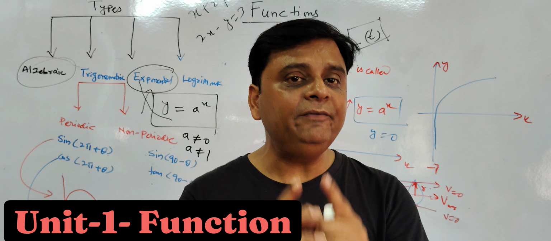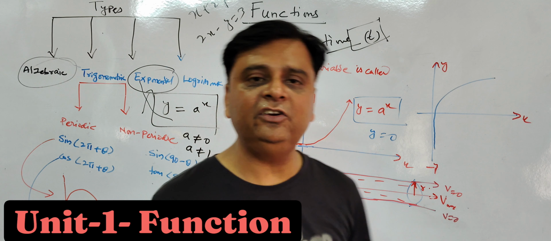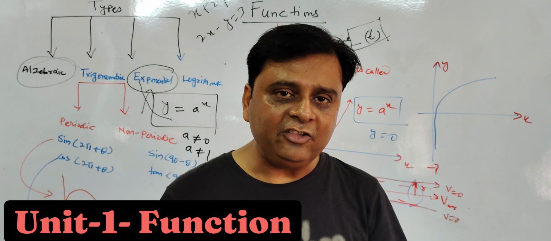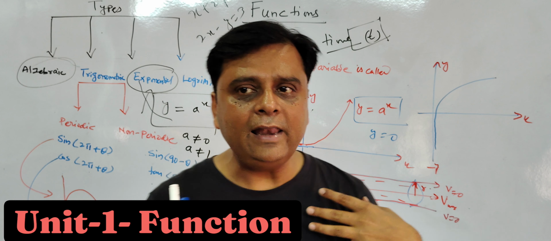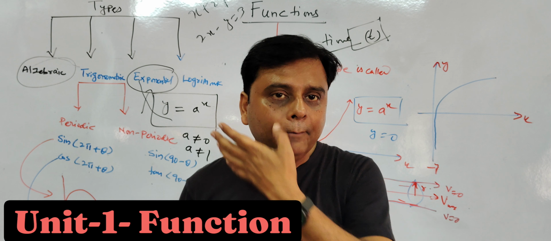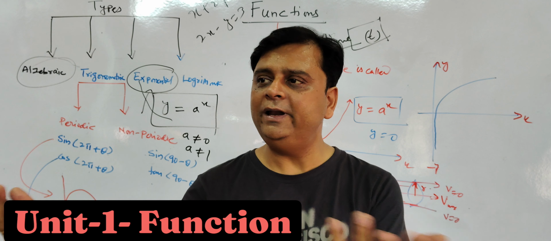A mathematics teacher will always tell you what exactly a function is in terms of mathematics, but here I am going to discuss functions in terms of physics. In the language of physics, a function is nothing but a physical quantity which depends upon something. Like force may depend upon time.